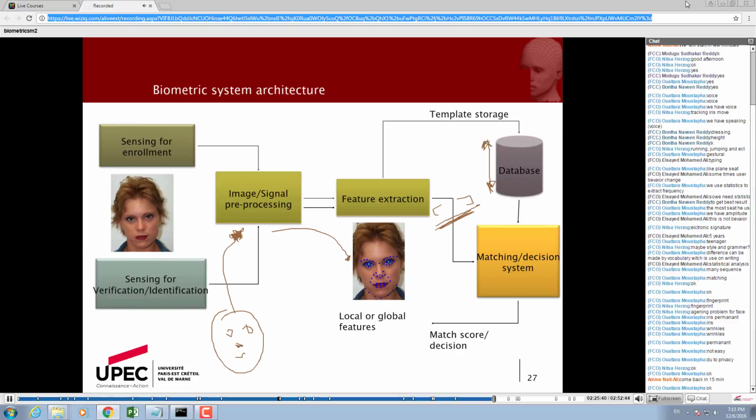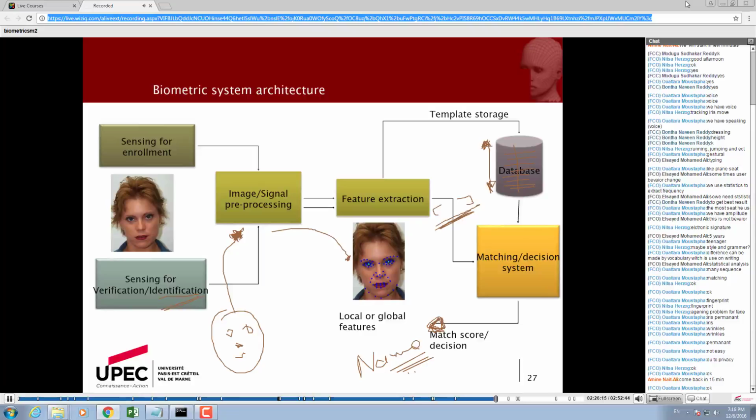We pre-process the image, extract the features, and we will get, of course, a vector of features. This vector of features should be compared to all the features stored in the database. If the database is small, you can compare one by one.